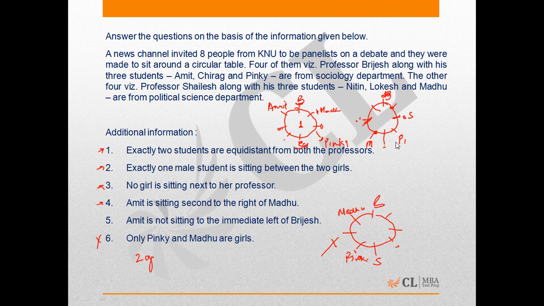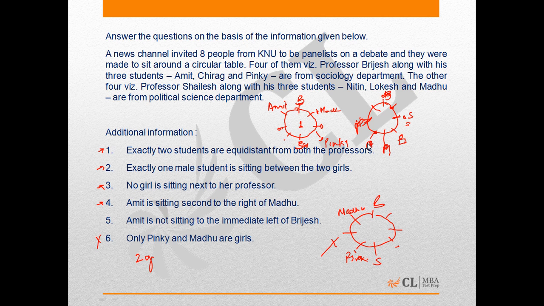Now let's consider the second case, when Pinky is sitting there and Madhu is sitting there. Rather, we need to change their positions to get a possibility for the position of Amit. If Madhu is there, Pinky will be there. Amit, who is two places to the right of Madhu, has to sit at Shailesh's position, which is not possible again.